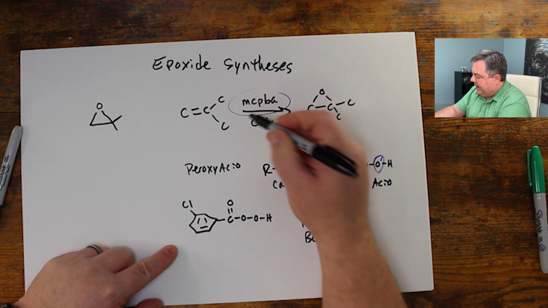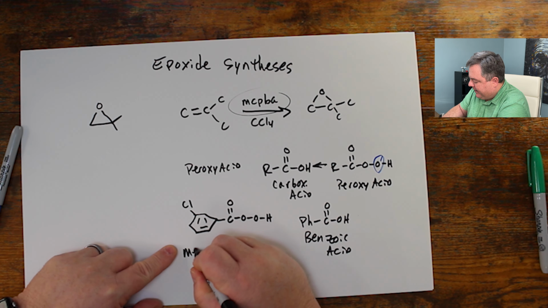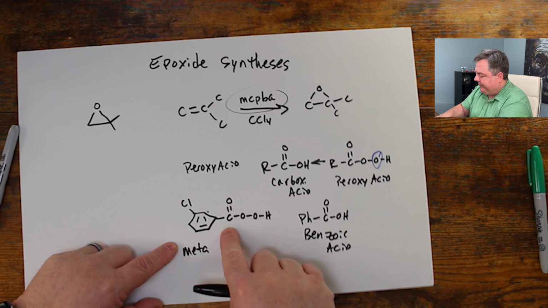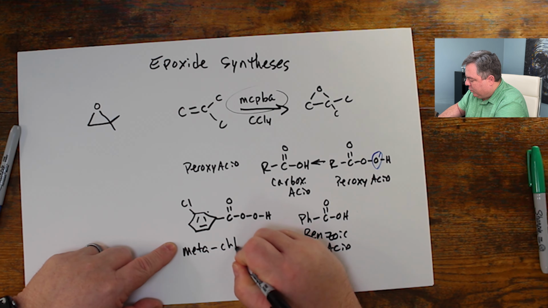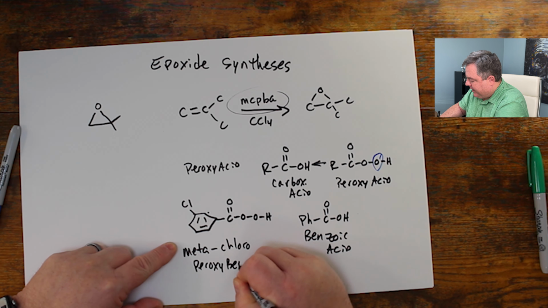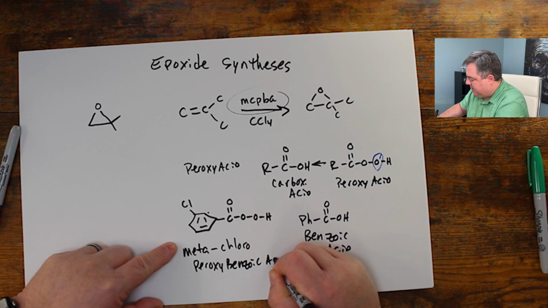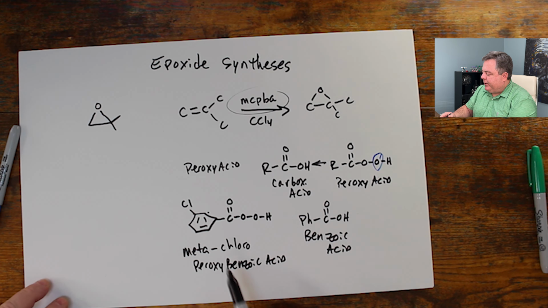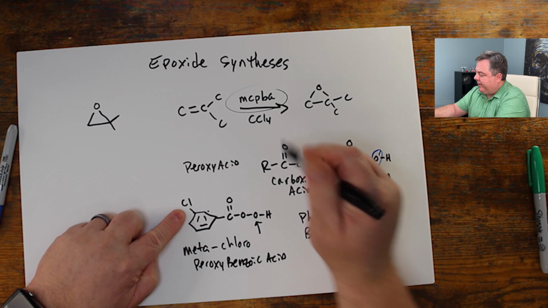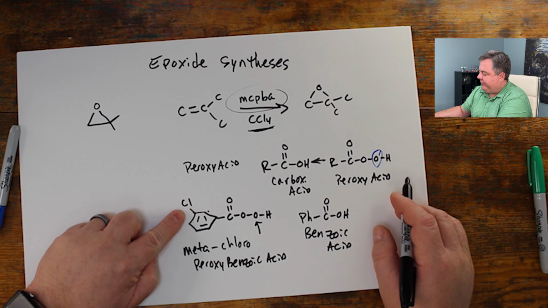And mCPBA means it's meta, at the ortho meta position to this group. It's a meta-chloro peroxy benzoic acid. And I just show you this to show that it's got the extra oxygen and it's got a chlorine here, which helps it dissolve in carbon tetrachloride.